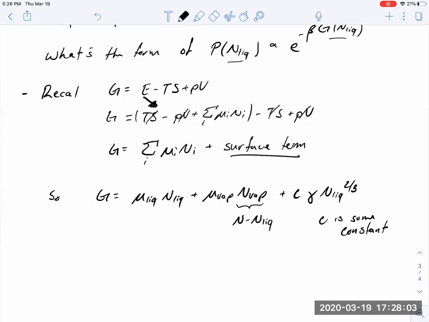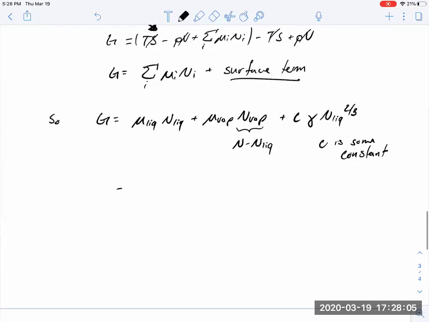Okay, so let's rewrite this. The Gibbs free energy therefore can be written as a constant, from this constant n, plus a difference in chemical potentials, minus mu vapor plus mu liquid, times the number of particles in the liquid, plus this surface term.